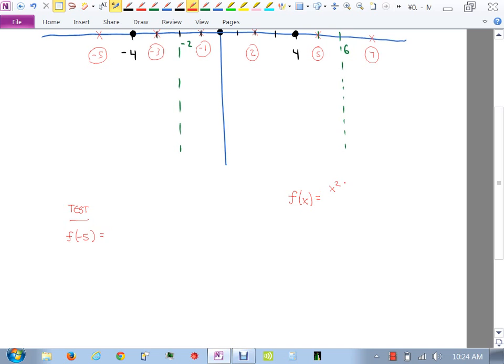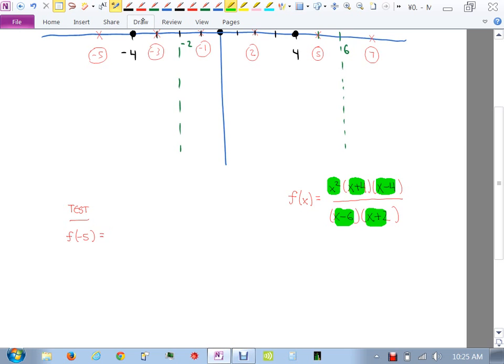It was x squared, x plus 4, x minus 4, over x minus 6, x plus 2, right? Now if I plug -5 in, I can plug it into each factor, and then just figure out what all those multiply to be.